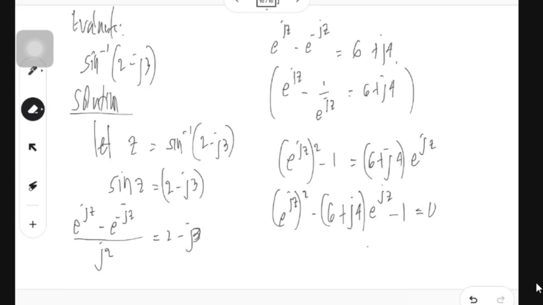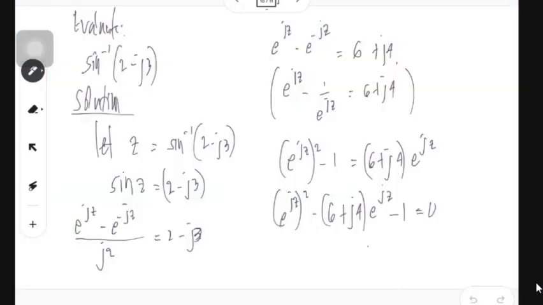Hindi po sa calci ko, sir. Ganun din, math error, ano? O di, ganito ang gawin natin. Using quadratic formula, longhand method, so, sa halip na x, magiging e to the jz using quadratic formula.